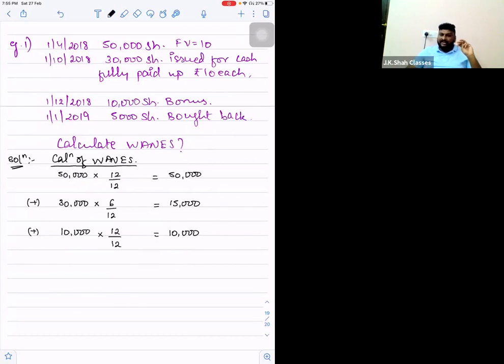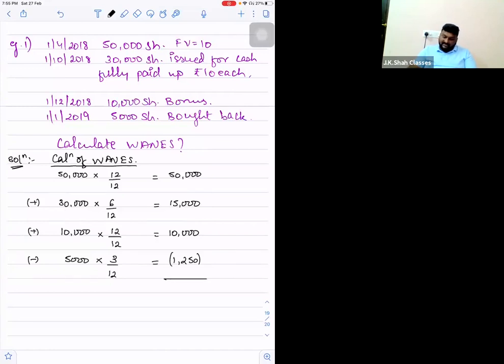Shall I add it or subtract it? I will subtract the buyback. So I will subtract 5,000 shares which are not available for a period of 3 upon 12. So I think the answer comes to 1250. 1250 will be subtracted.